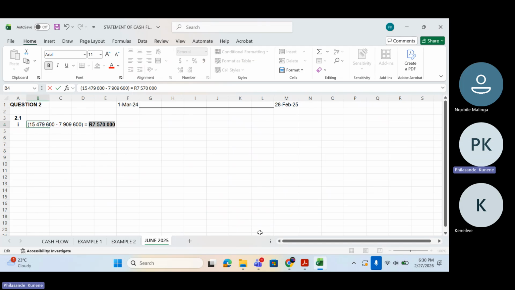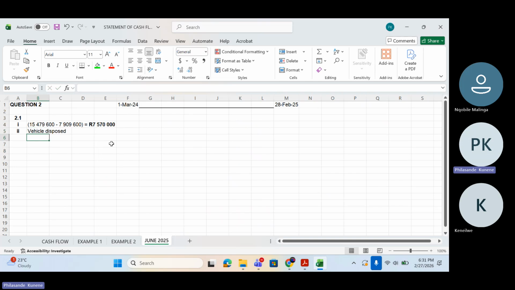So what is the starting point for this one? You subtract the accumulated depreciation from the cost of the vehicle.